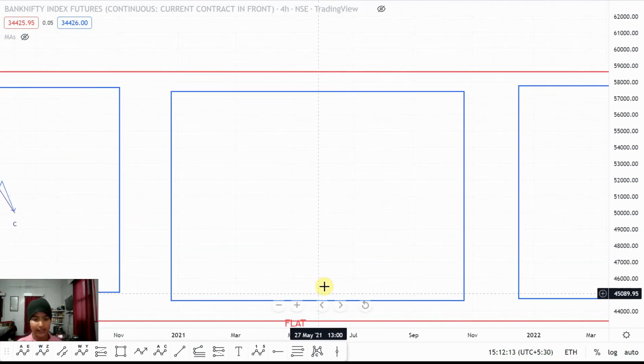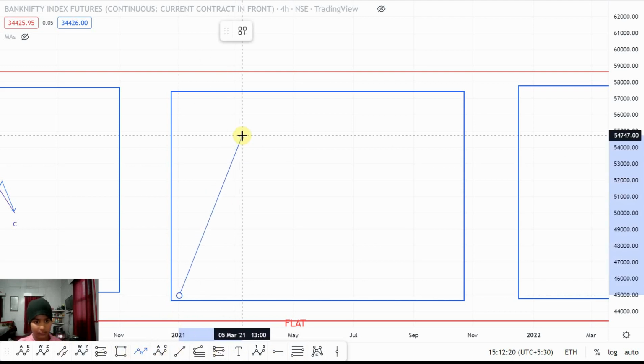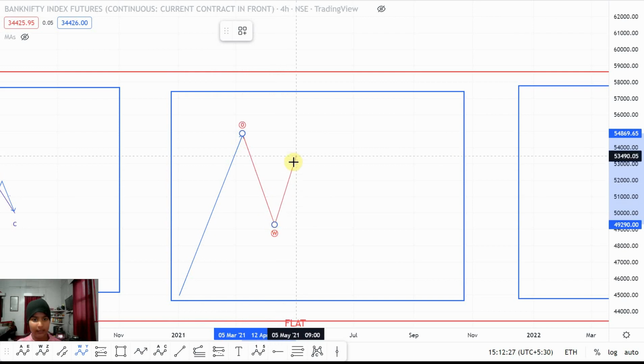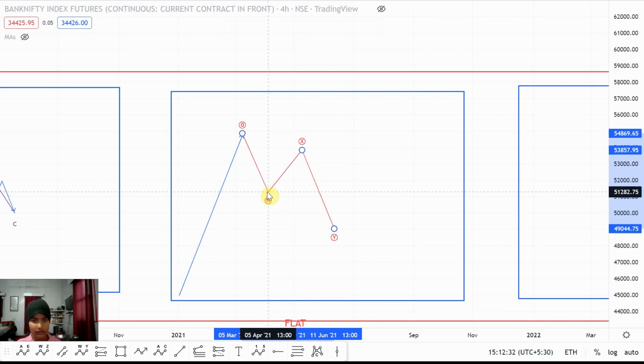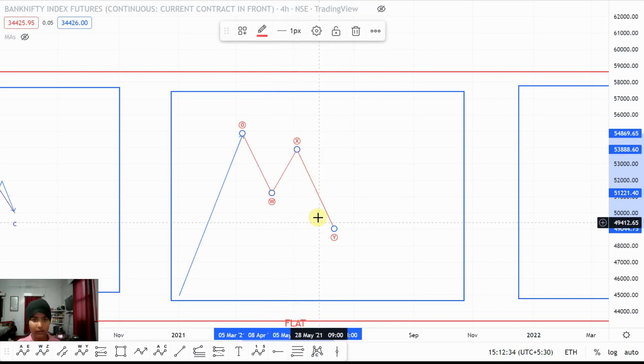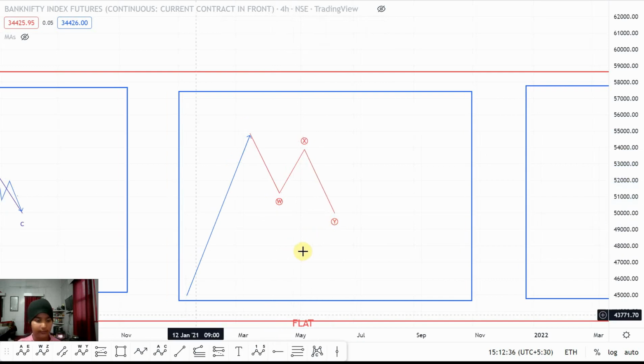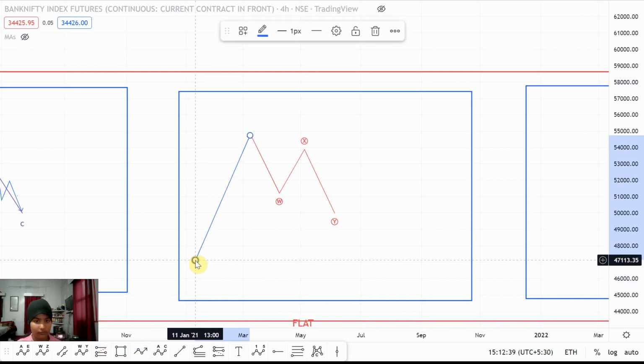The second wave zigzag is like this. We've got the impulse, and instead of it being ABC, I'll mark it as W, X and Y this time. Now let's see where our X wave has come by putting a fib.